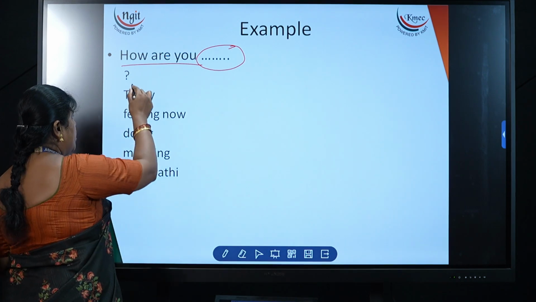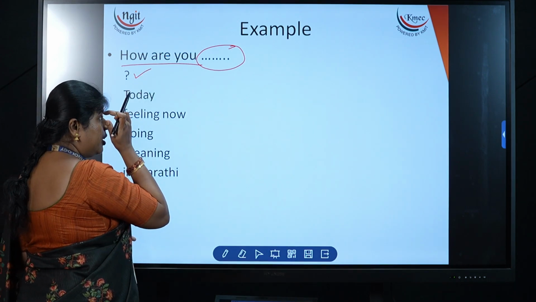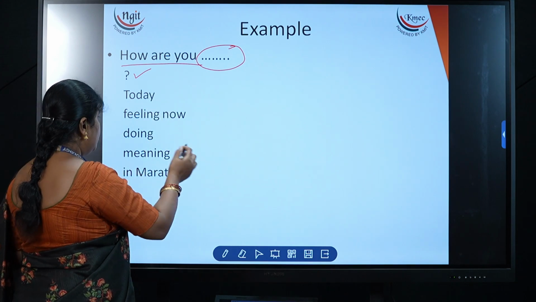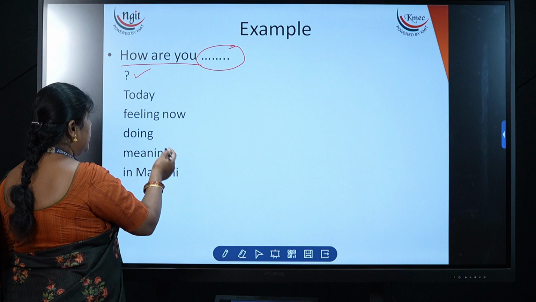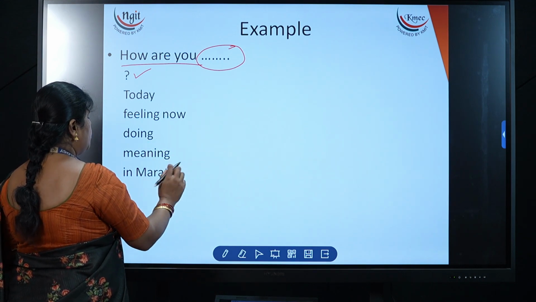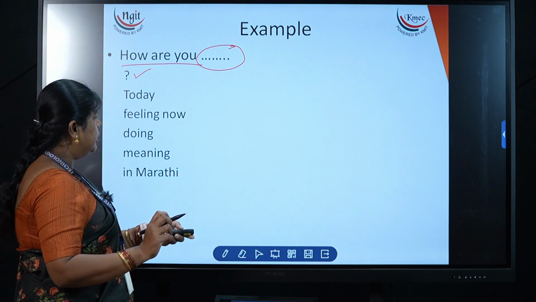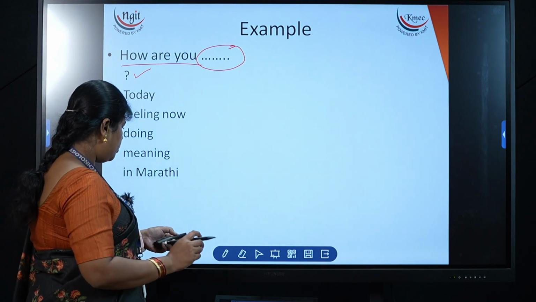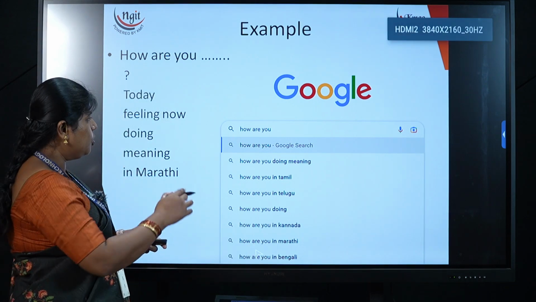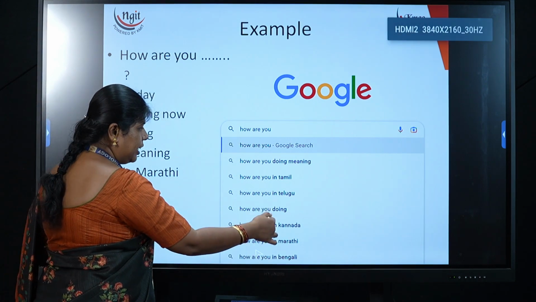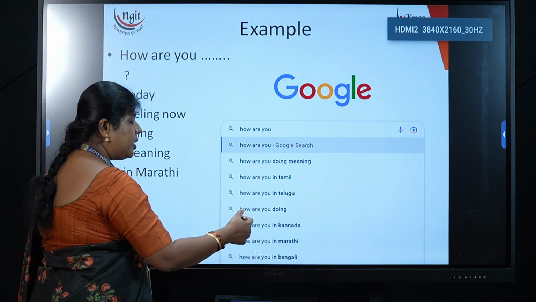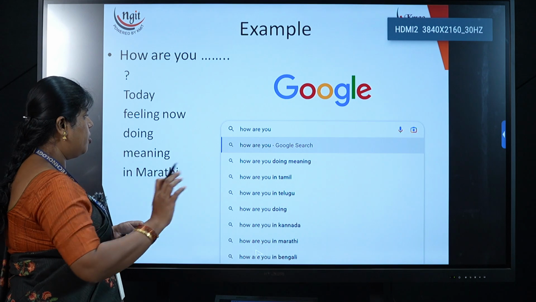It may be a question mark symbol, it may be "today", it may be "how are you feeling", "how are you doing", "what is the meaning of how are you", or "how are you in Marathi". In Google, when you type "how are you", you immediately get a drop down with all the possibilities of the sequence following "how are you".